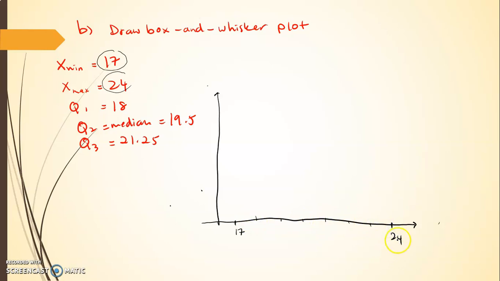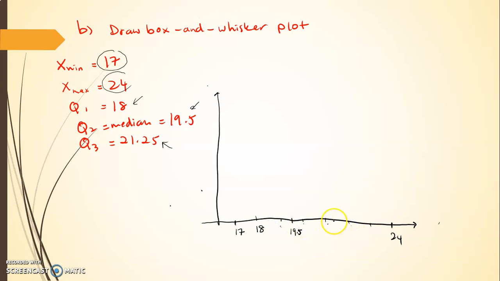Okay. And then mark the 18, the Q1 value, 18 here. And then mark the median value, 19.5. This is 19, so this is 19.5. And then mark the Q3 value. 18, 19, 20, 21, 22.